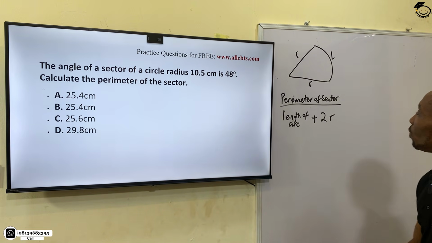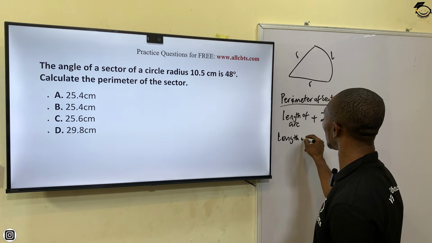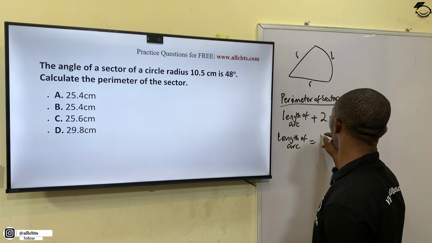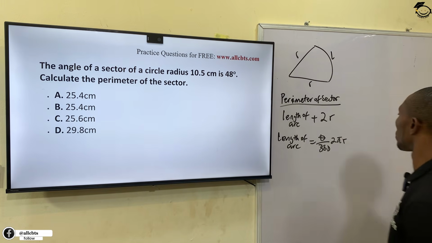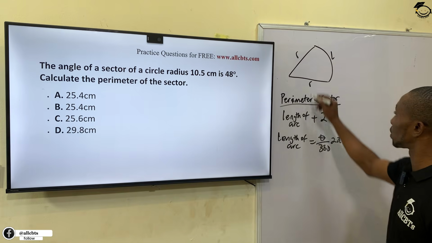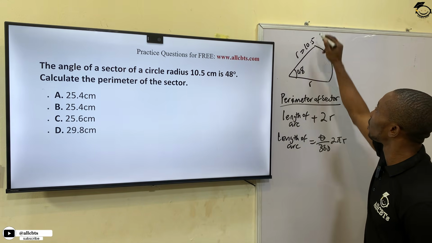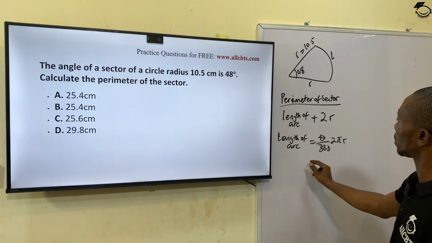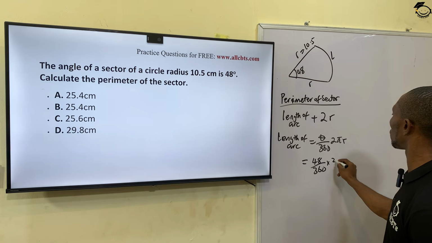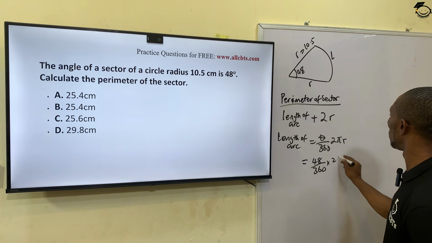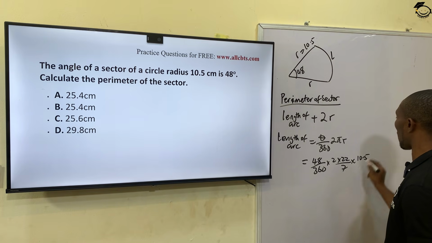Okay, now for us to calculate length of arc, we have it as theta over 360 times 2 pi r. Now where our theta here is 48 and the r is 10.5. So imputing those data here, we have 48 over 360 times 2 times 22 over 7 times 10.5.